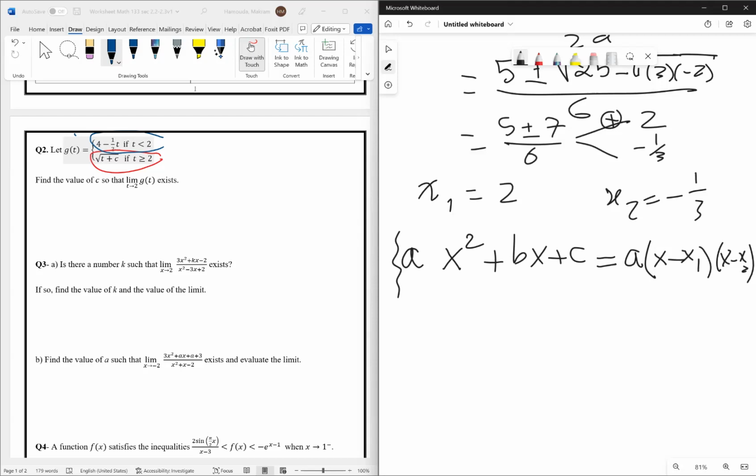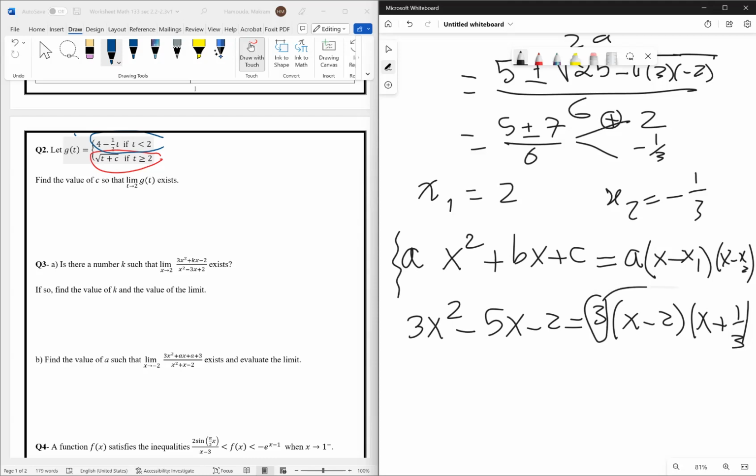And in our case here, 3x squared minus 5x minus 2 will be equal to 3 times (x minus 2) times (x plus 1 over 3). Okay, now we can put this 3 inside the second factor, so it will be (x minus 2) times (3x plus 1).